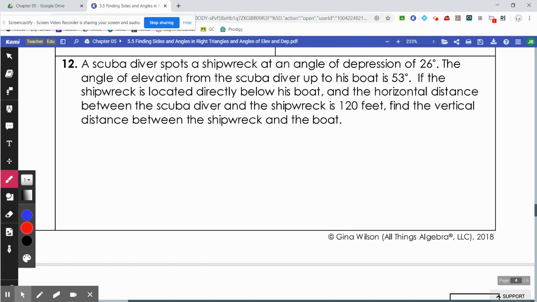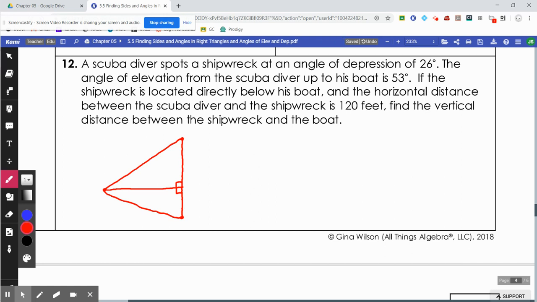So we've got a scuba diver, and here's his line of sight. He looks up, and here's a boat, or he looks down, and here's a shipwreck. And it is important that the boat is located directly above the shipwreck because that makes everything nice, neat right triangles.